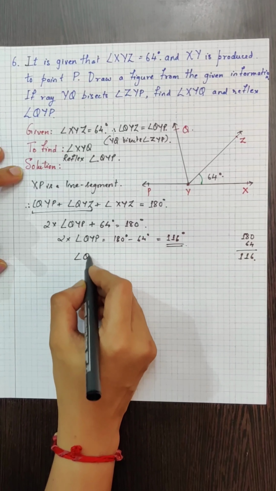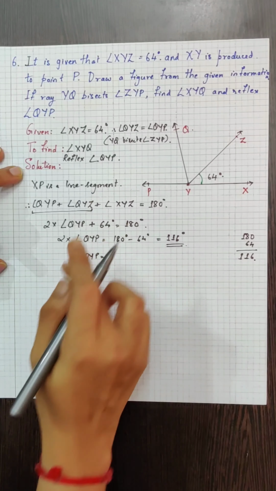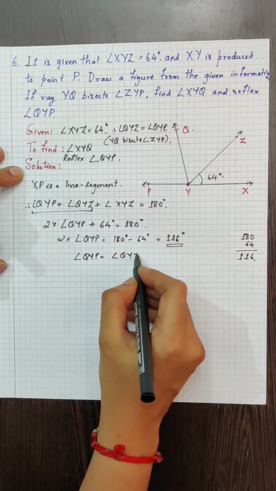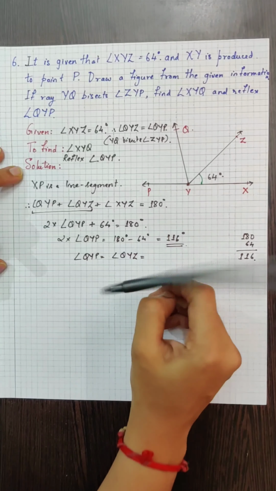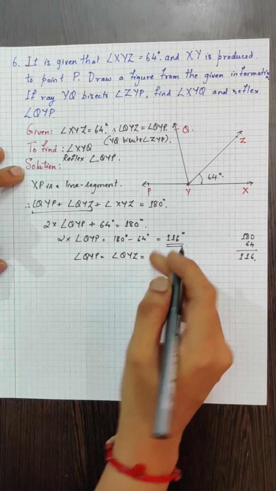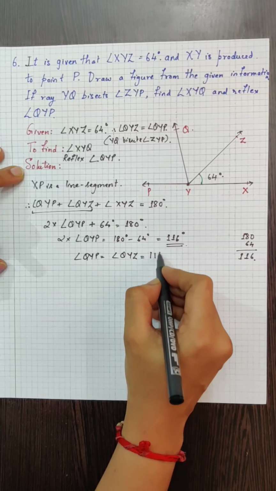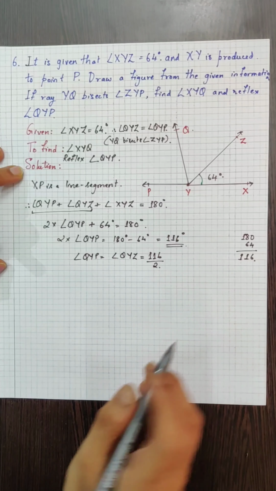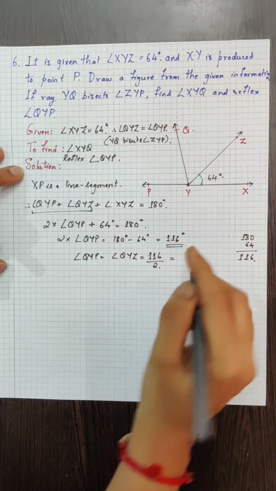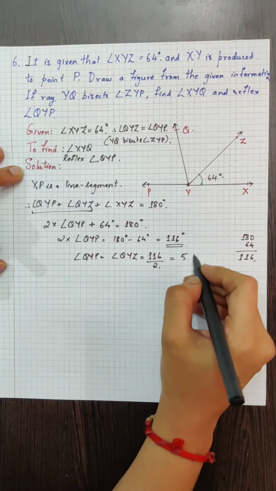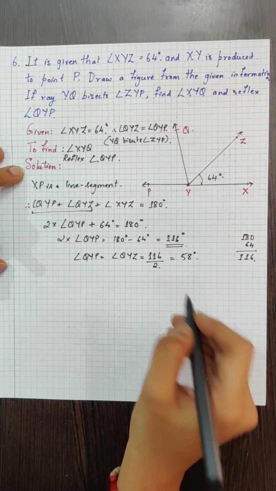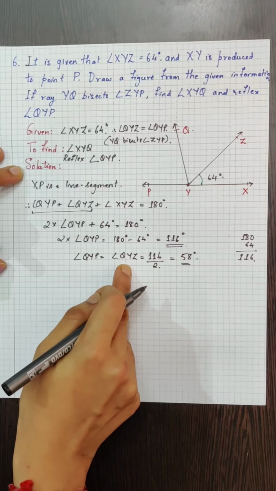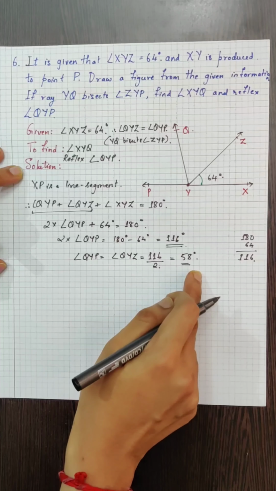Now angle QYP is equal to angle QYZ, which is equal to, on the right hand side we had 116 divided by 2, you bring the 2 to the denominator. If we calculate this, it is 58 degrees. So we have the answer for angle QYP, which is equal to angle QYZ, is equal to 58 degrees.